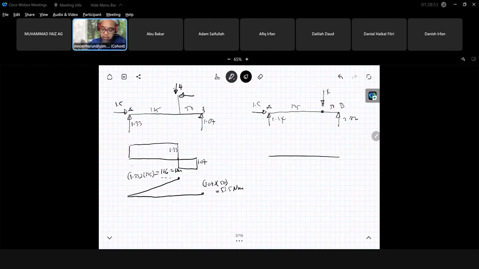So somewhere down below the 166. This is 53.5, then you get the line. This is the value, 53.5 Newton meter. Okay, and this is the value, 166.2.